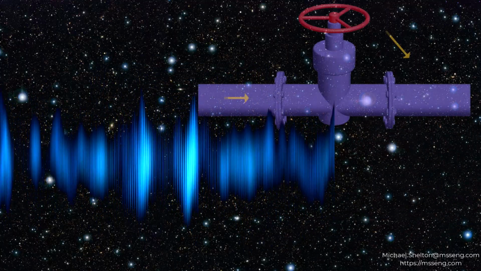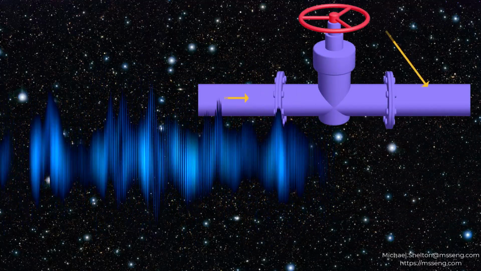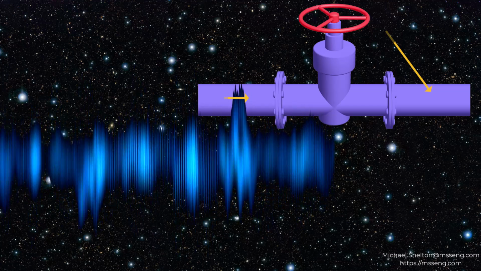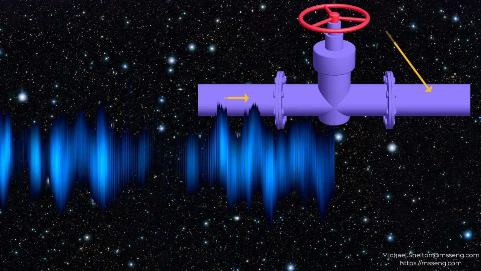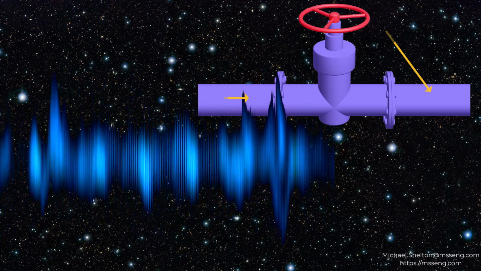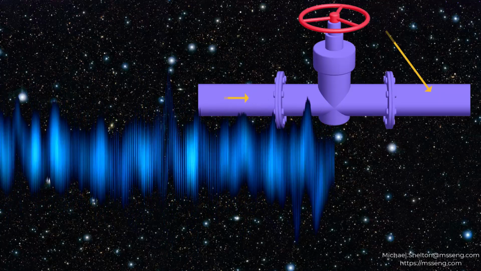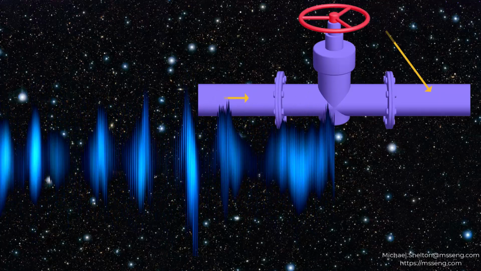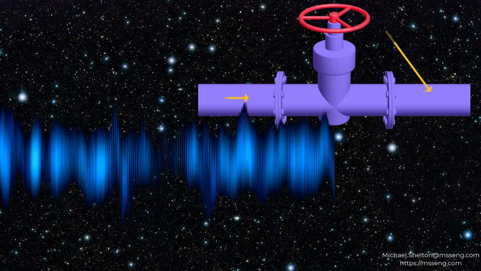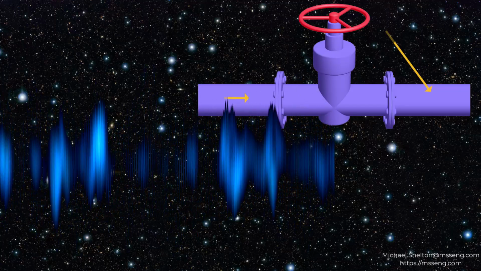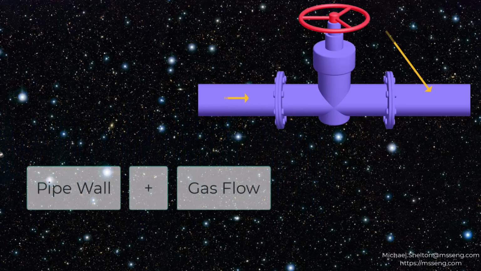The downstream gas flow is coupled with the piping wall where some of the broadband frequencies will match the pipe wall natural frequencies, producing resonance in the piping. The pipe wall coupled to the gas flow will in turn excite the gas flow itself.